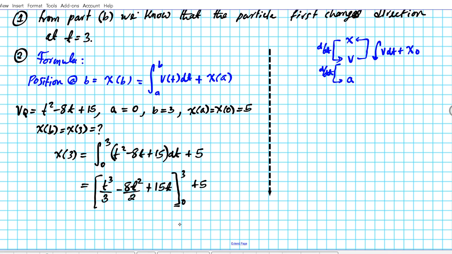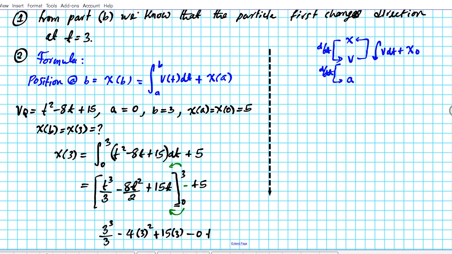Okay? All right, so we're going to just plug in the top and then the bottom and then find the difference, okay? So the antiderivative of the upper limit minus the antiderivative evaluated at the lower limit. If we plug in the upper limit, we have 3 to the third over 3 minus, so these two divide out, we can reduce that to 4, minus 4 times 3 squared plus 15 times 3. Now, if you plug in 0, all of them have t's in them, right? So what does that mean? It's all going to be 0.